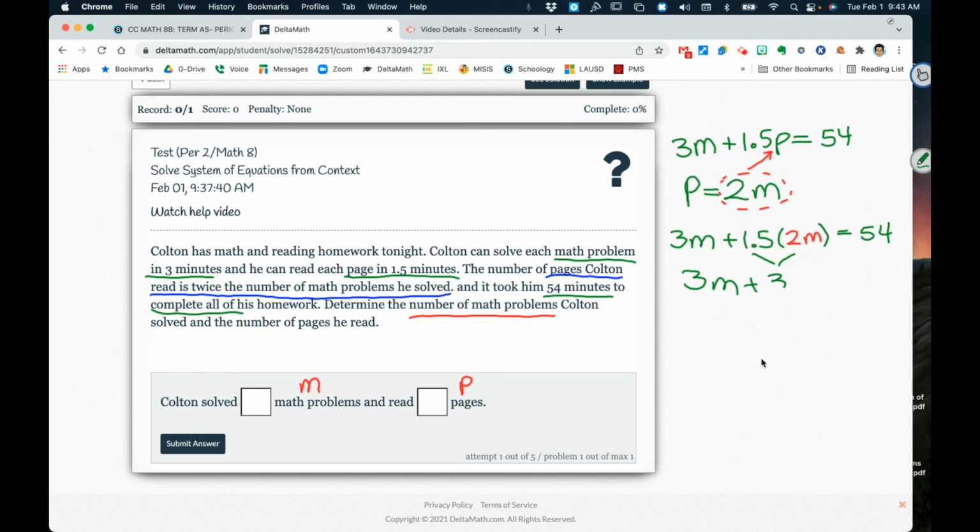This becomes 3M plus 3M equals 54. All right, let's combine that. 3M and 3M is 6M. It's 54. And then divide that by 6.